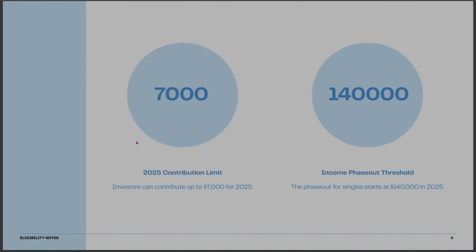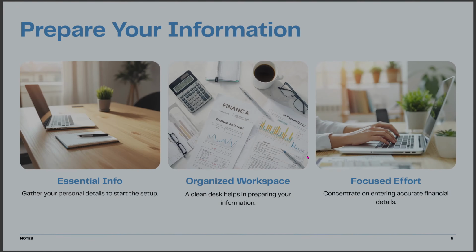But there's a way to go around this $140,000 limit. If you need to get around it, you contribute to a traditional IRA, 7,000, then hold off for about a year, and then you convert it into a Roth. So this way. All right.